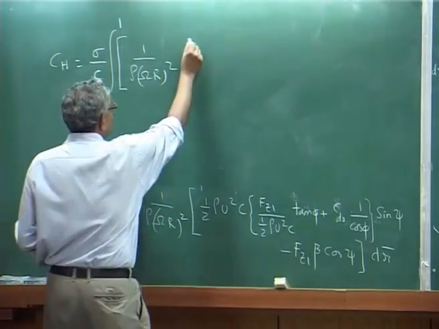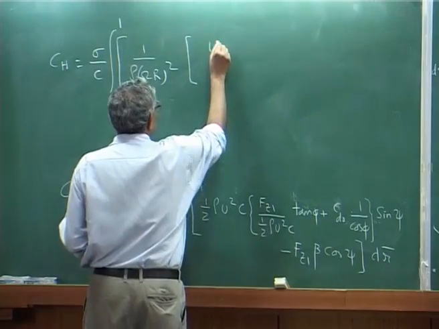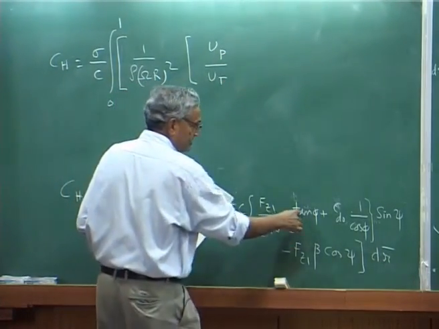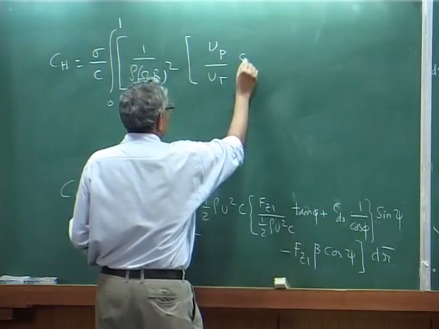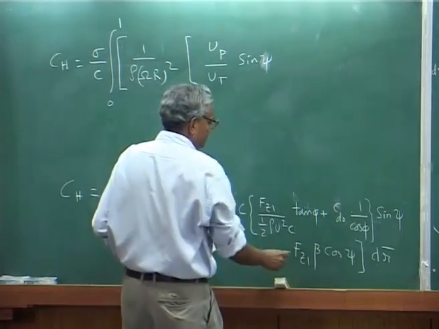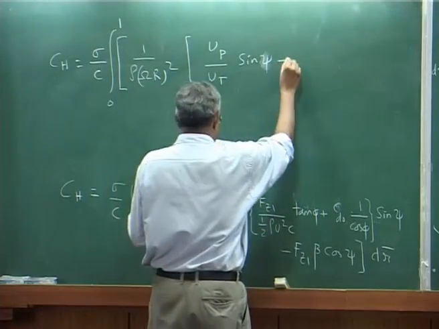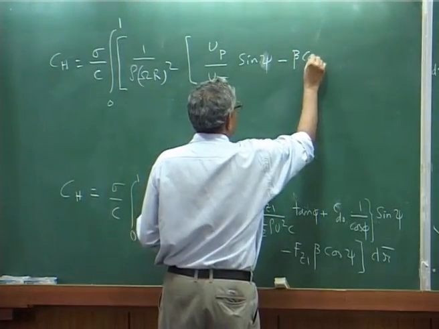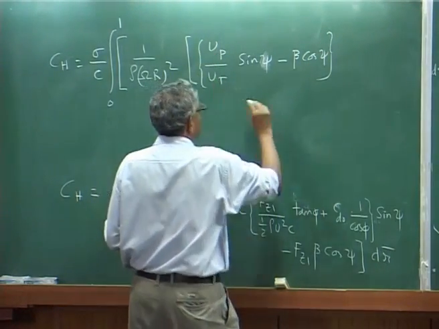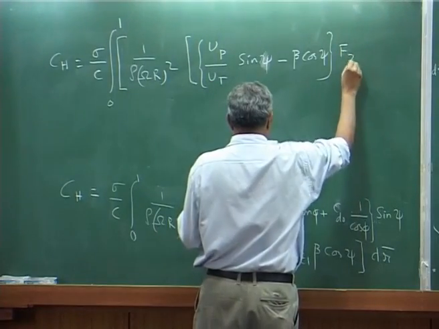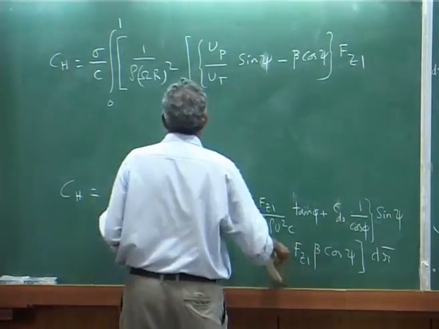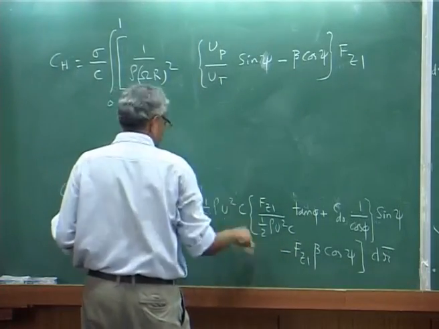I am going to write only the U_P over U_T, this is this sin psi, this is minus beta cosine psi, okay. You take out F_z1. Maybe this bracket is not necessary, I do not think I need this, okay.